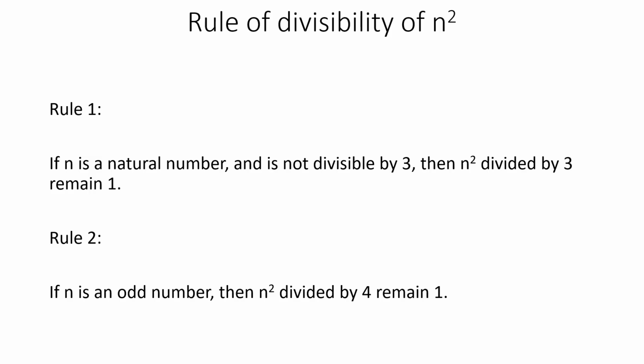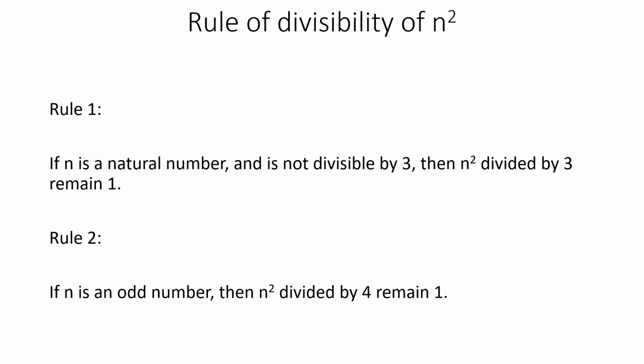For example, 4. 4 is a natural number and is not divisible by 3. So when 4 squared is divided by 3, so 16 is divided by 3, the remainder is 1. Same thing with 5, 7, 8, 10, 11, and so on. Rule number 2, if n is an odd number, then n squared divided by 4 gives a remainder of 1.